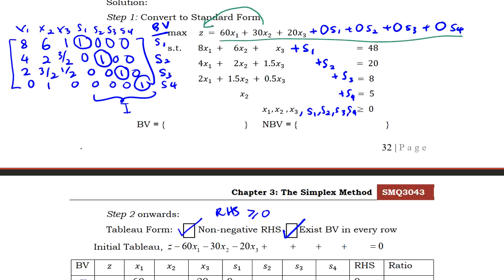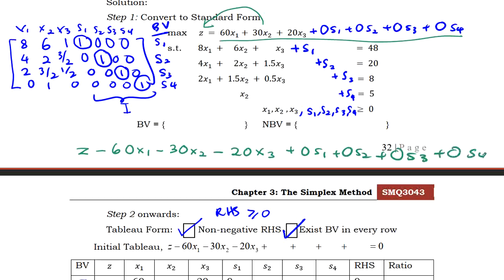So now we have Z minus 60 x1 minus 30 x2 minus 20 x3, and 0 s1, 0 s2, 0 s3, 0 s4.